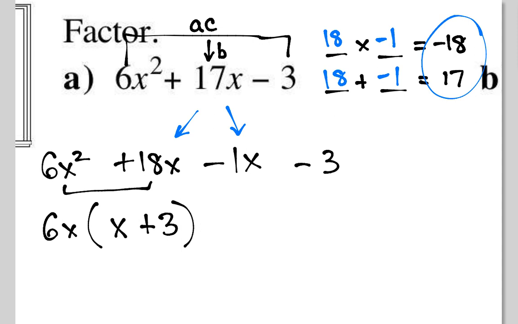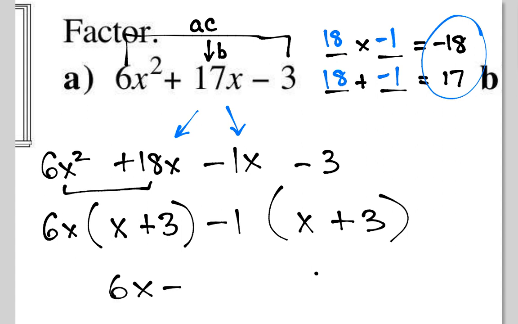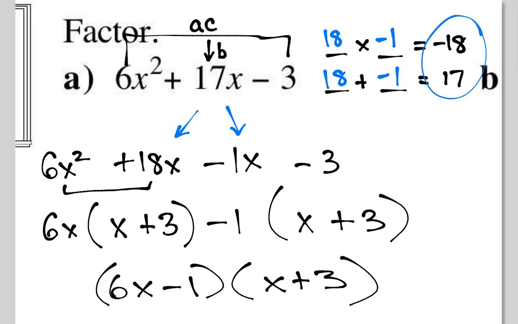This is really a good thing. You can see x plus 3. This is almost identical, except it's minus x minus 3. So I just need to do a small little trick when you take out that minus 1. Okay, and you have 6x minus 1 as a factor and x plus 3 as a factor. You okay with that?